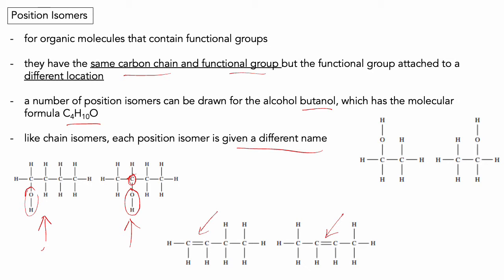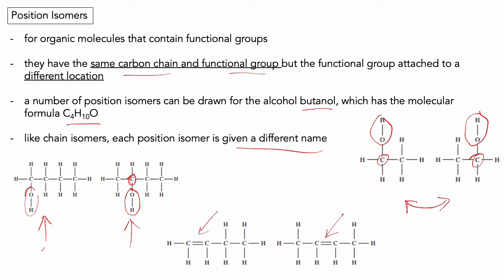One thing to keep in mind is sometimes you might be thinking that you're looking at a position isomer, but you're just looking at a molecule that's been rotated, or it's the mirror image of the same molecule. So take ethanol, for example, here. We have a hydroxyl group, OH, attached to carbon 1. And on the right, it looks like we've got a hydroxyl group attached to carbon 2. But really, these are the same molecule that's just been rotated.